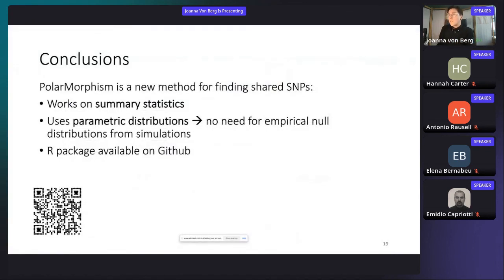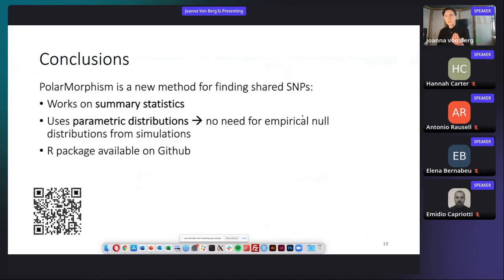So to conclude, we have developed PolarMorphism, which is a new method that can identify shared or pleiotropic SNPs. It works on summary statistics, which is really nice because they are usually publicly available. And because it uses parametric distributions, the chi distribution and the von Mises distribution, the user doesn't need to simulate any data.